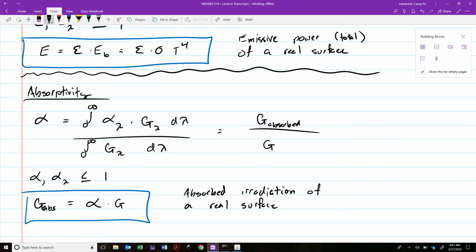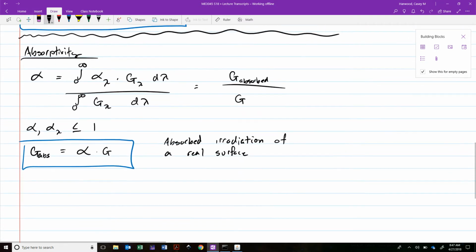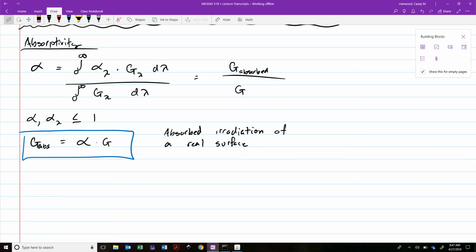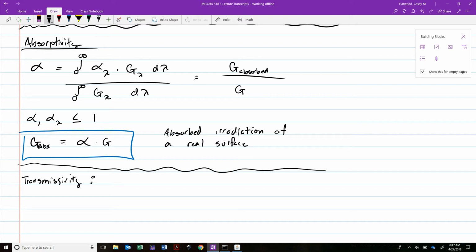We're going to make a pretty bold but useful assumption here, for the remainder of our whole next week, and in general, for most of the heat transfer problems you're going to encounter as an engineer, that the transmissivity of our objects is equal to 0. That is, all of the surfaces we're considering are opaque to radiation.